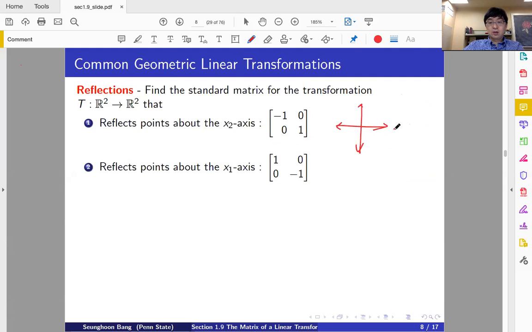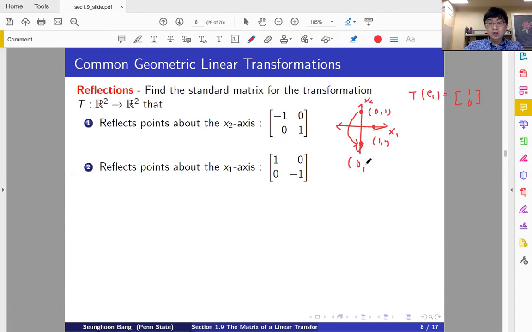This is x1, this is like x2. So we have the first one, point x1, E1 is 1, 0. You have to reflect about x1, it doesn't change. So T(E1) is exactly the same, 1, 0. What's T(E2)? Here, E2 is 0, 1. Reflect about x1, we have this point.